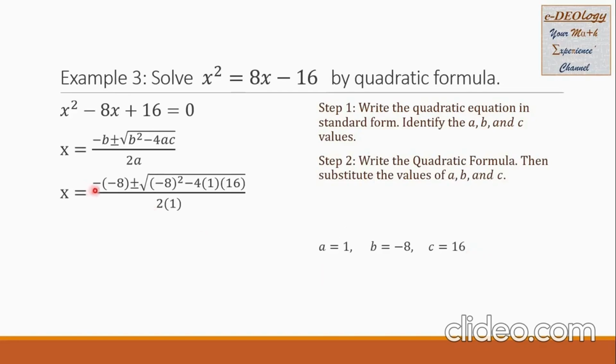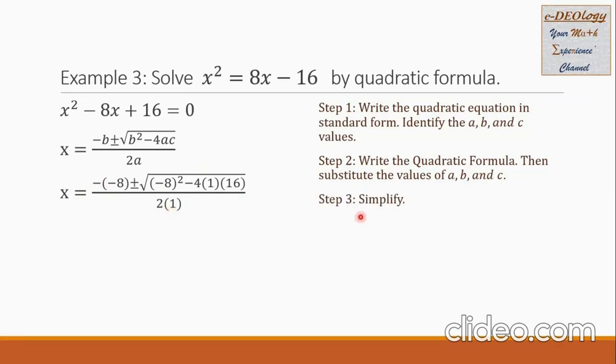So this is now the negative of negative 8 plus or minus the big square root. The square of negative 8 is here, then minus 4 times a, which is now changed into 1, times c, which is now changed into 16, all over 2 times a, and is now changed into 1.